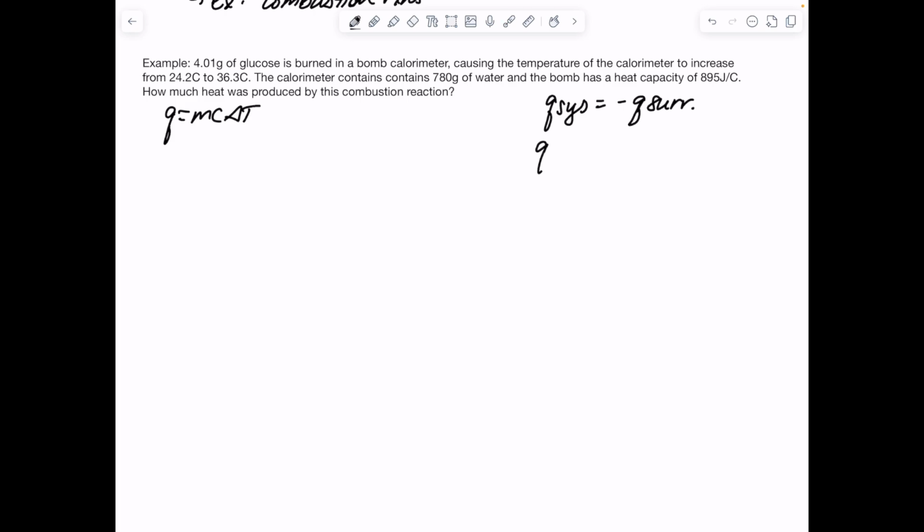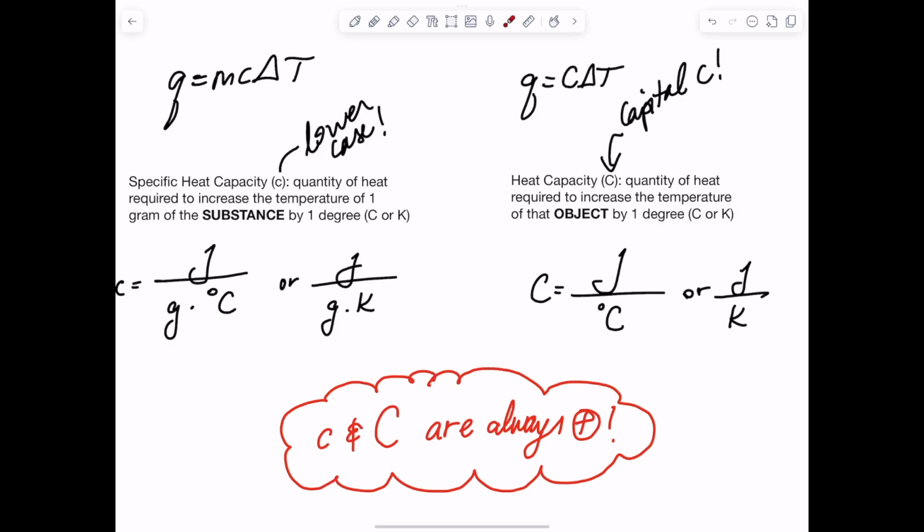You can also write it again: Q reaction is equal to negative Q solution. If the word reaction is sort of throwing you off, you can also write it in this way, just like we did for the other questions, to make it a little bit easier to understand. But we can even write out what we have. We have 4.01 grams of glucose. We also have 780 grams of water.